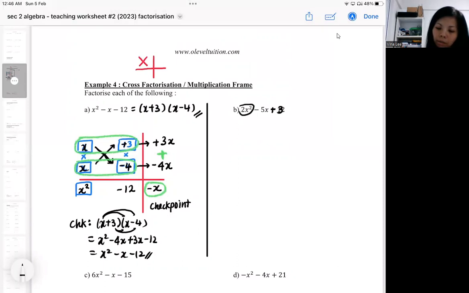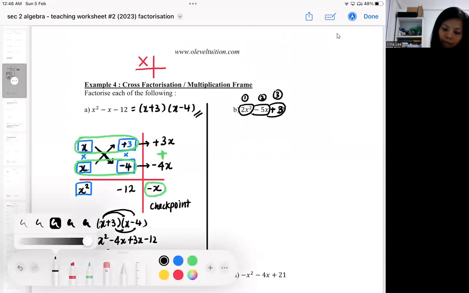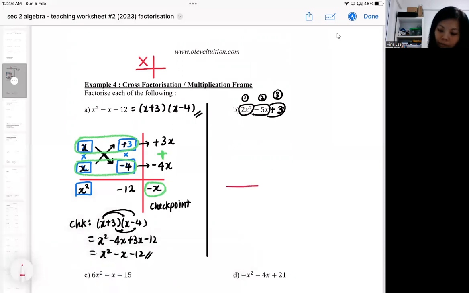Again, x squared is the first bubble, x is the second bubble, the constant is the last bubble. So if you're going to factorize, set up your zone first. Set up the addition zone. Set up the multiply zone.